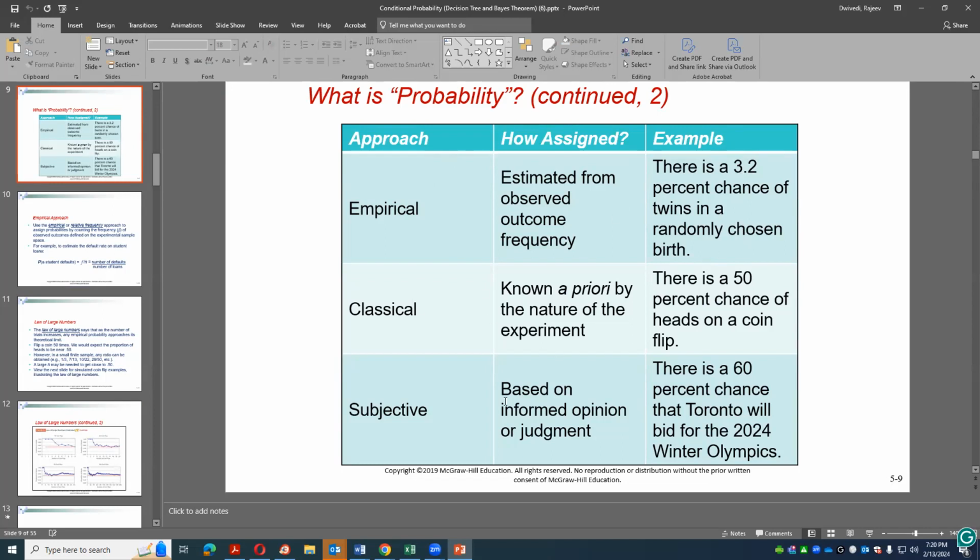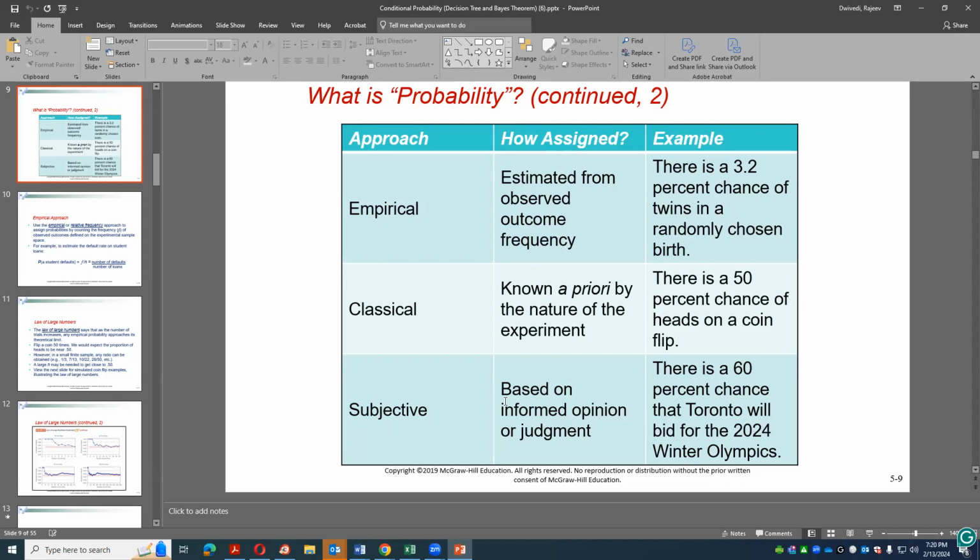Subjective is based on expert opinion, from those who have deep knowledge and expertise in the field. So what is the chance that Spokane or Washington will have, let's say, a FIFA World Cup football match in Seattle?